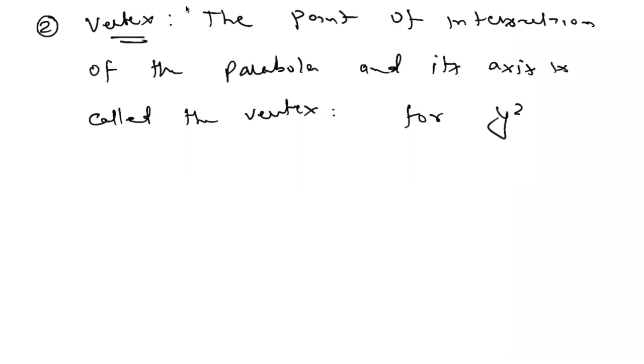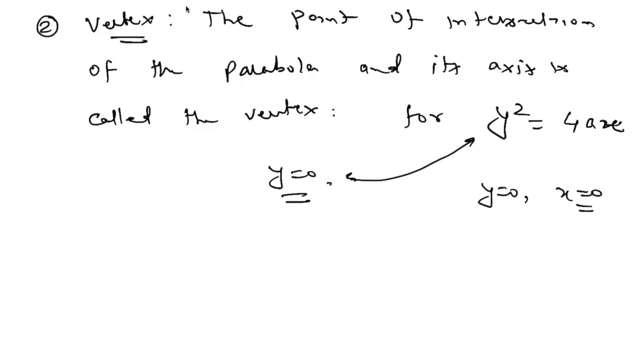For y square is equal to 4ax, the axis was y is equal to 0, the x-axis. When I put y is equal to 0, we solve these two equations. So we are getting y is equal to 0 as well as x is equal to 0.